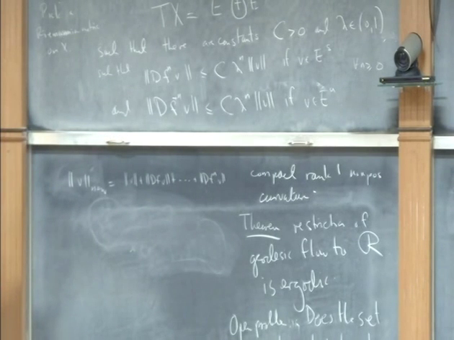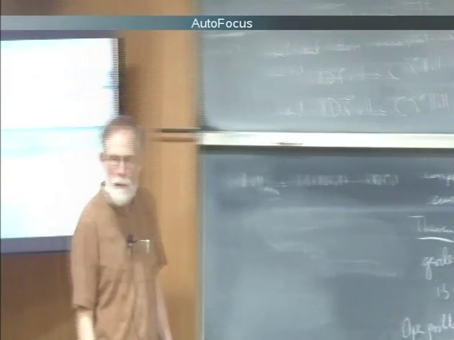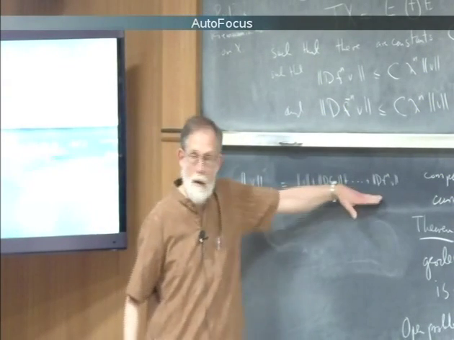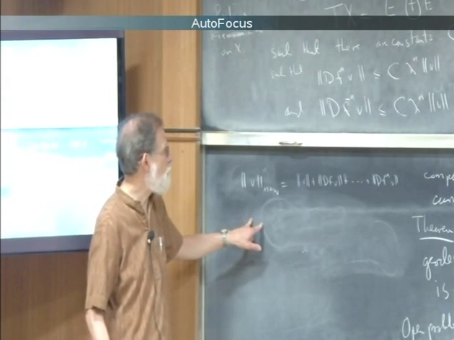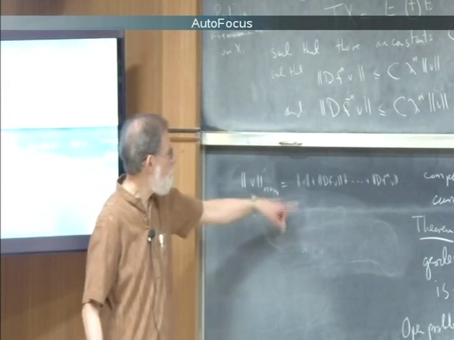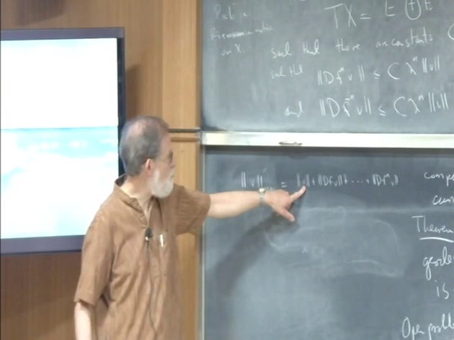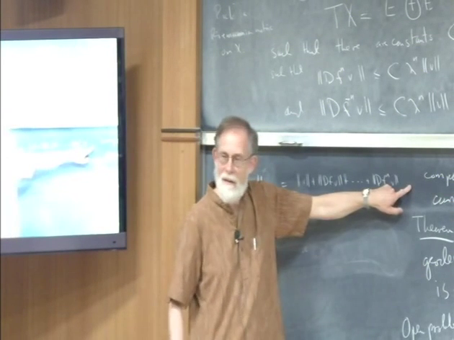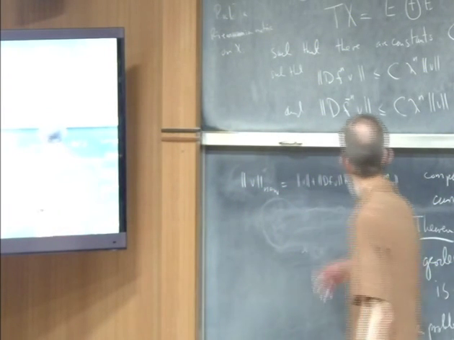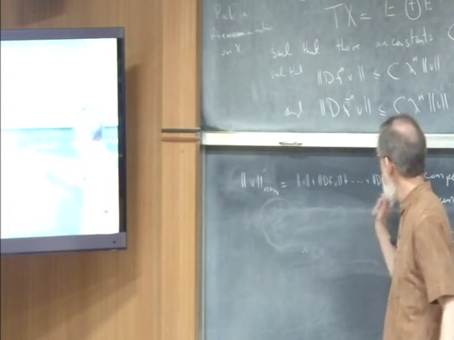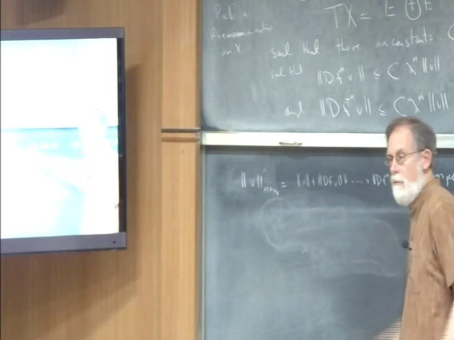The idea is that when you apply df, this term disappears and you get a new one at the end. And what appeared at the end is a lot smaller than what you had at the beginning.